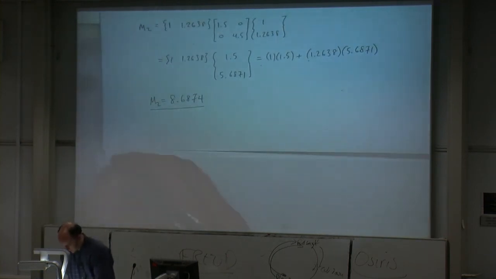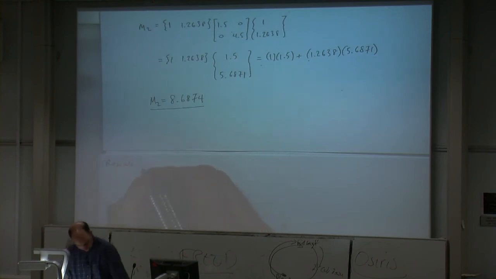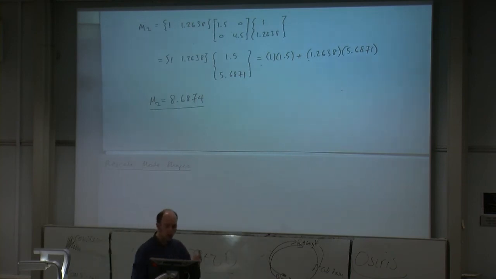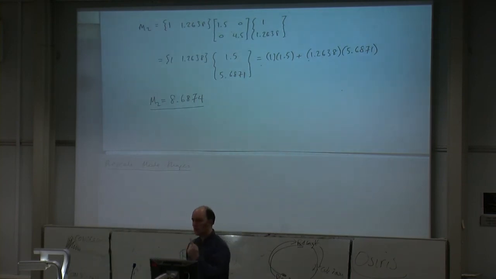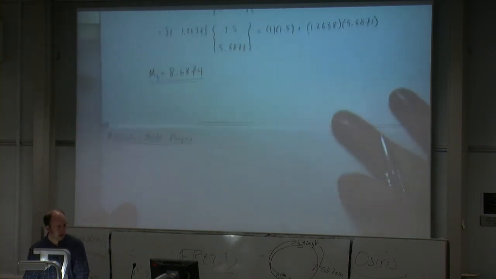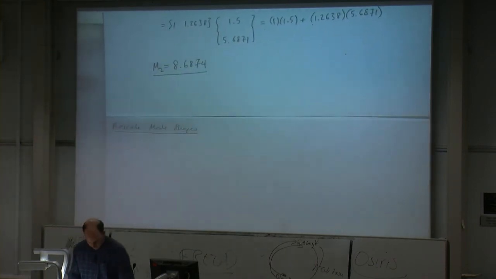The next step is we need to rescale the mode shapes. This allows us to have a 1 in front of the second derivative in the modal equations, which helps in terms of our analysis.